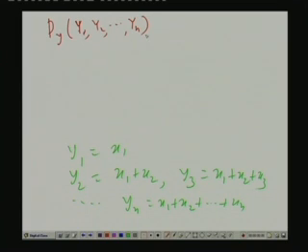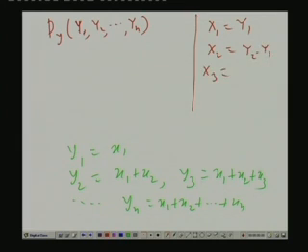You can easily see the solution: x1 is nothing but y1 itself from the first equation. x2 is nothing but y2 minus x1, and x1 is y1, so y2 minus y1. x3 is y3 minus x1 minus x2, which means y3 minus y2, and so on and so forth.